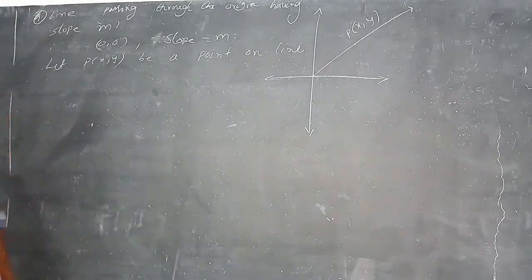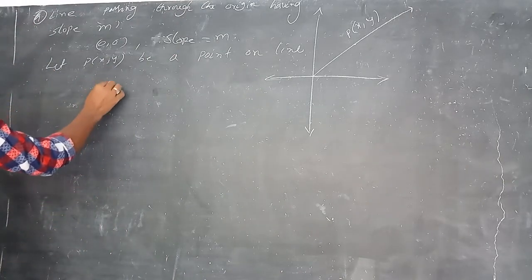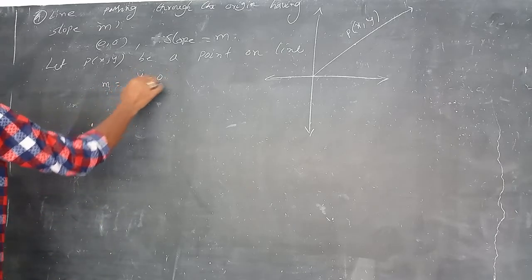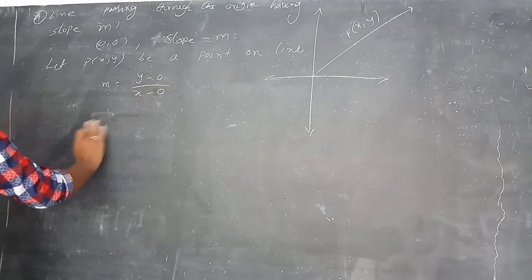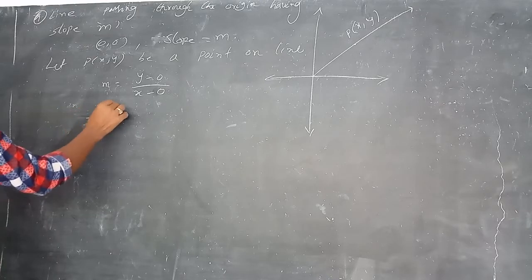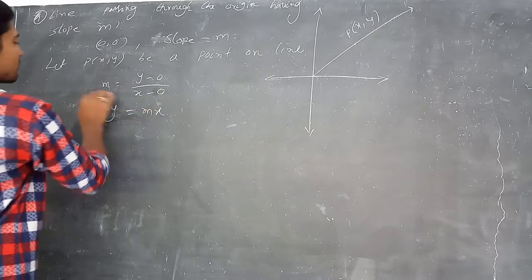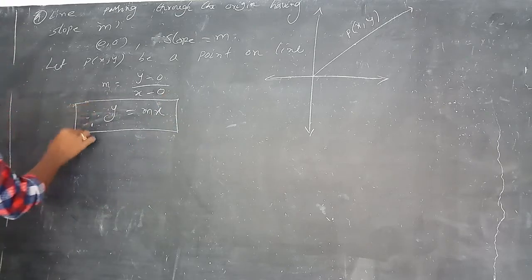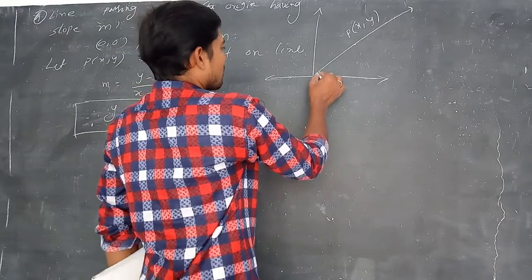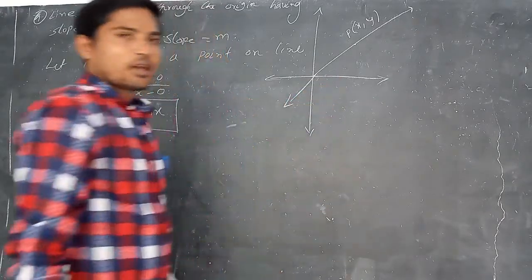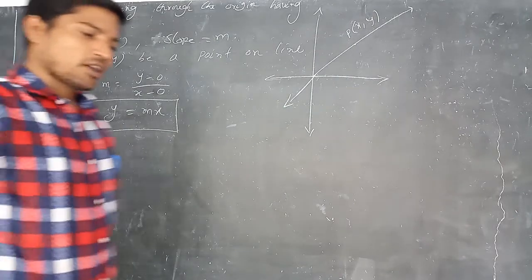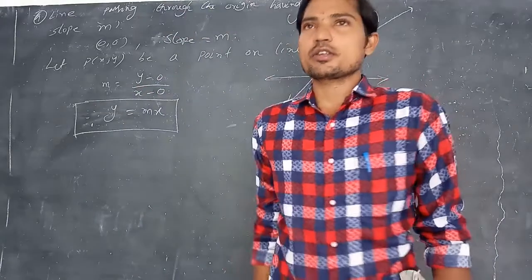Then m equal to (y2 minus y1) by (x2 minus x1), that is (y minus 0) by (x minus 0). Therefore y equal to mx. The equation of a line which is passing through the origin is in the form of y is equal to mx. An equation of the form y is equal to mx represents a line passing through the origin.